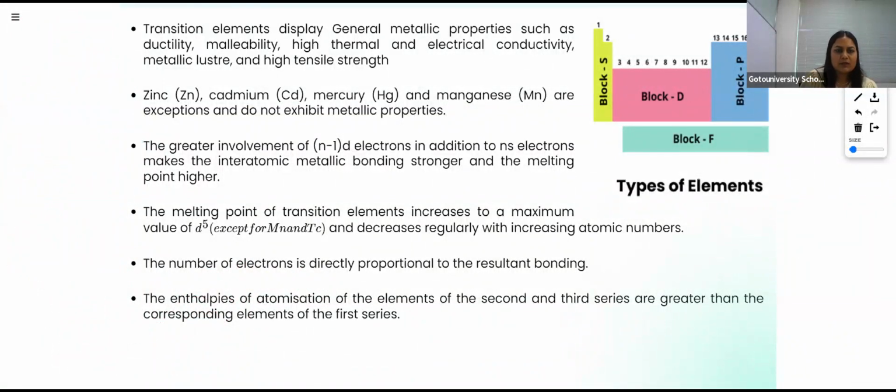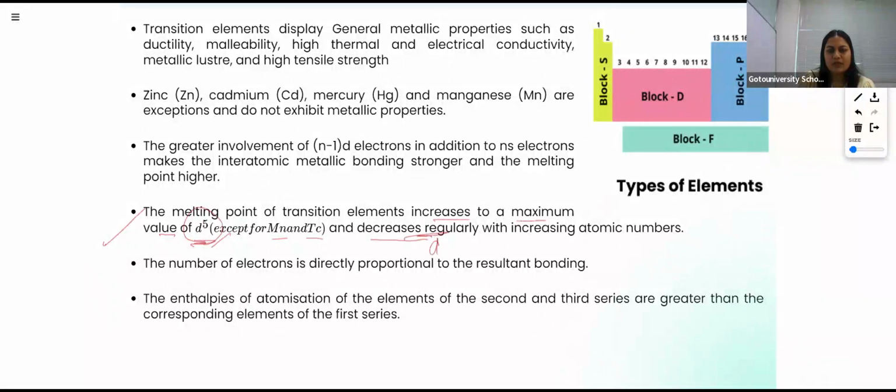So the melting point of transition elements increases to a maximum value if we talk about the first series, that is up to d5, except for manganese and Tc. Otherwise, after d5, it regularly starts decreasing. Why does it start decreasing?